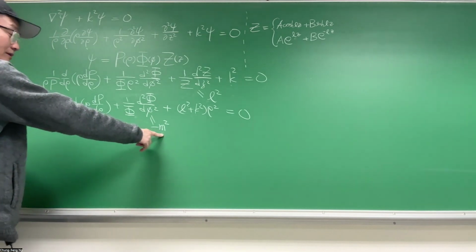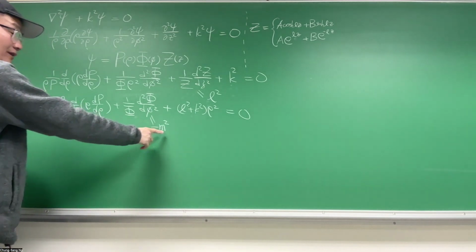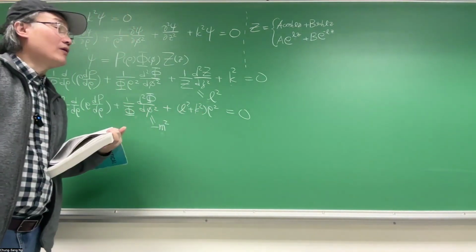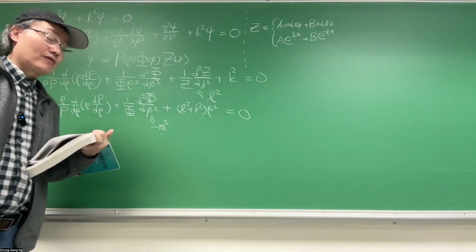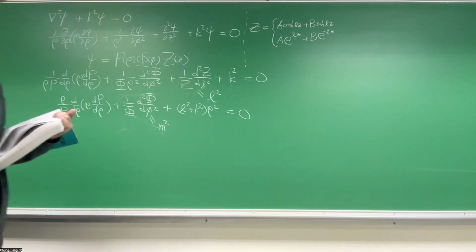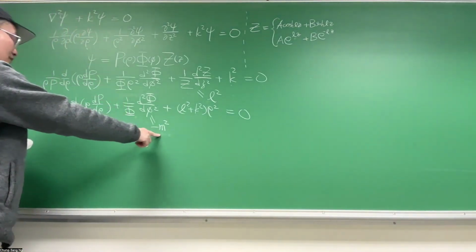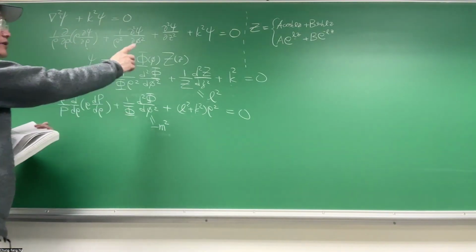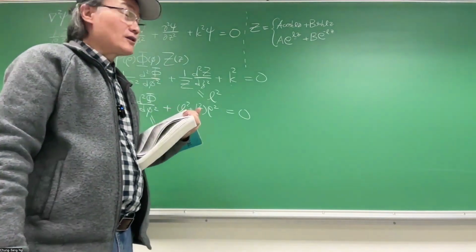But then m doesn't necessarily have to be an integer, except if the problem involves all the values of phi, or the azimuthal angle. If the problem doesn't involve all the azimuthal angle, m can be any real number, just like any Cartesian coordinate.